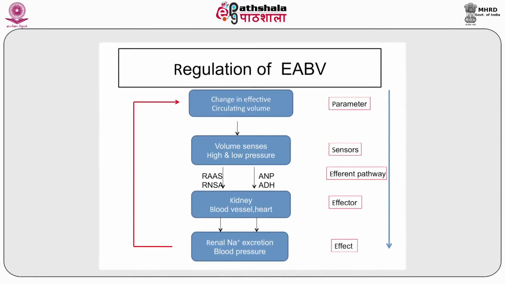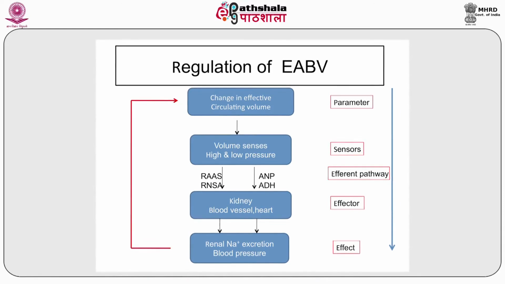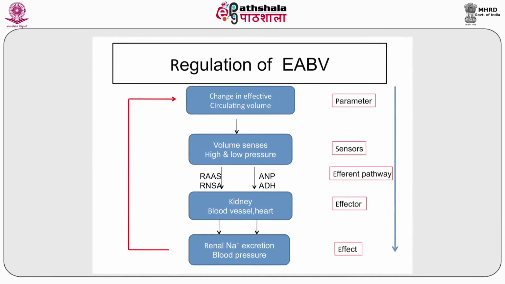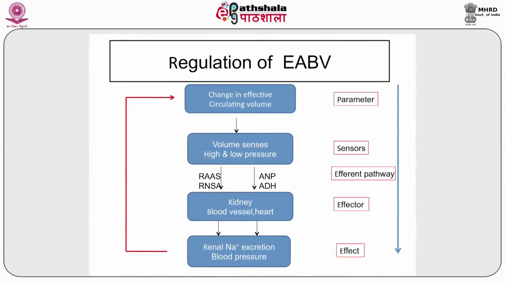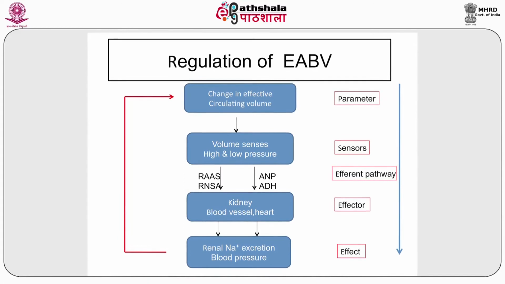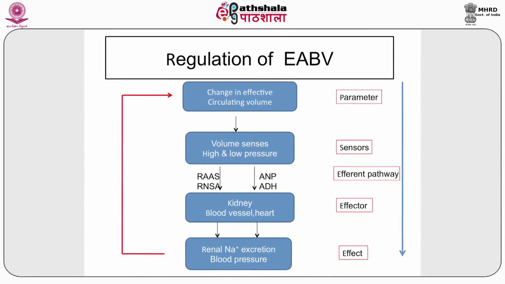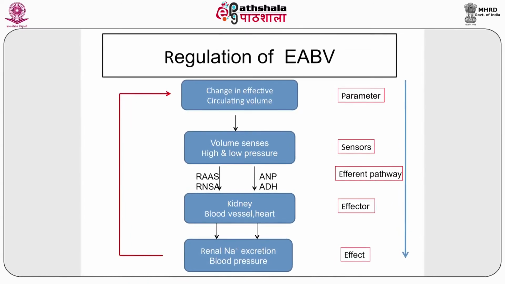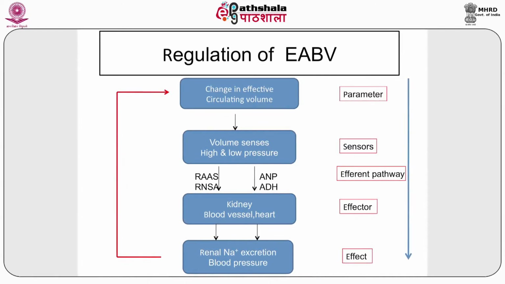These four pathways are the renal angiotensin aldosterone system, atrial natriuretic peptide, renal sympathetic autonomic system, and antidiuretic hormone. The effects are basically produced by the kidney, blood vessels and heart, which produce the effect in the form of renal sodium excretion and change in blood pressure.